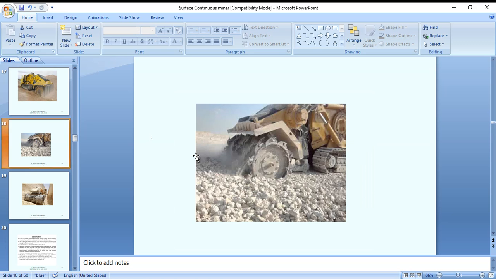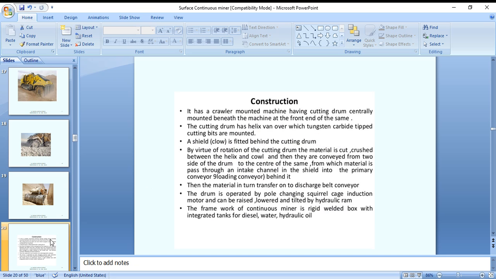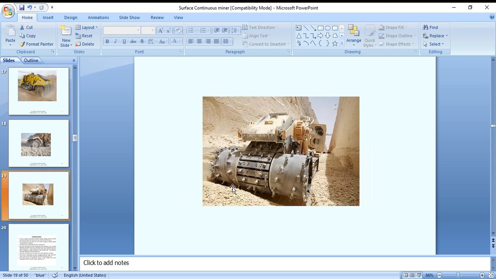You can observe here the central type model. The front side model is different, but the drum is the same. These are the tungsten carbide bits mounted. Here also observe clearly how the periphery and the picks are arranged.